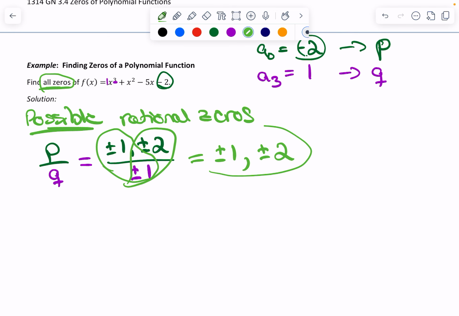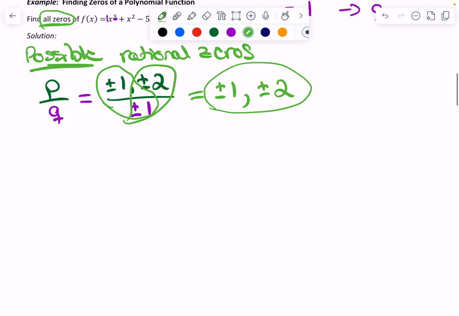Now, since we need to find all zeros, we're going to go ahead and pick one of these numbers. Remember, these are the possible rational zeros. We're going to just randomly pick one. Let's start with the number 1.